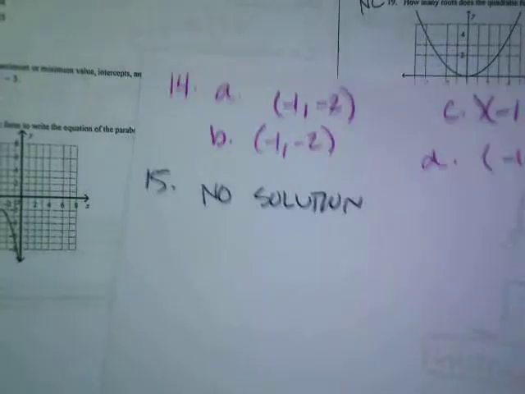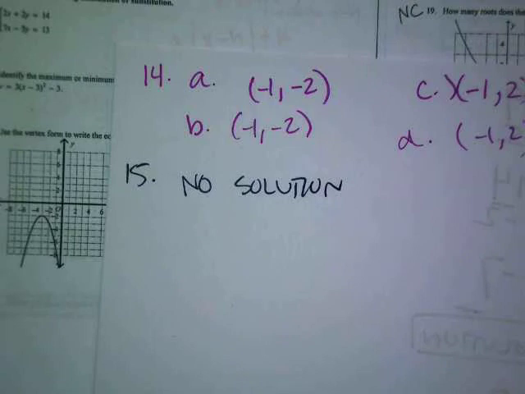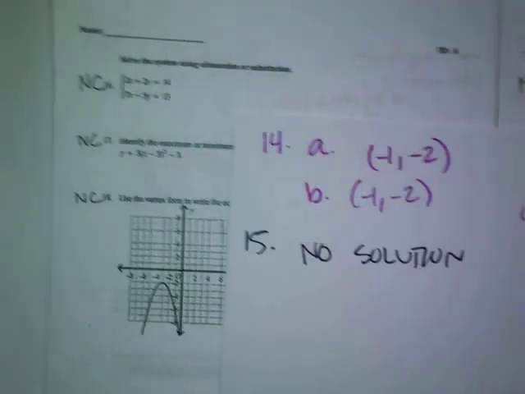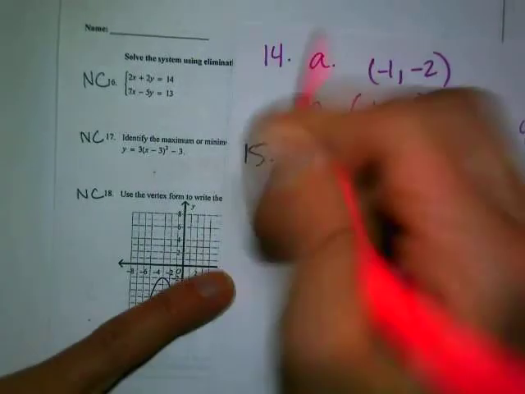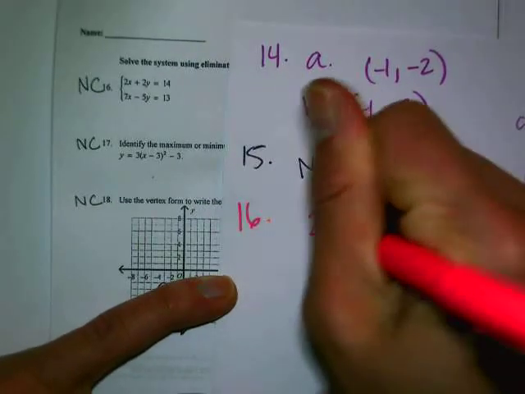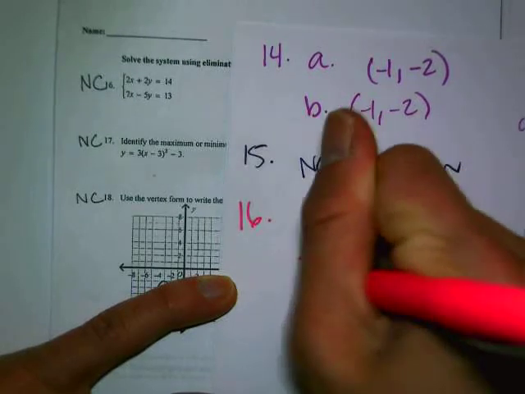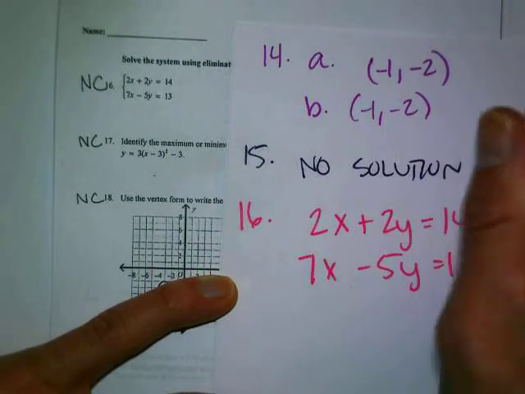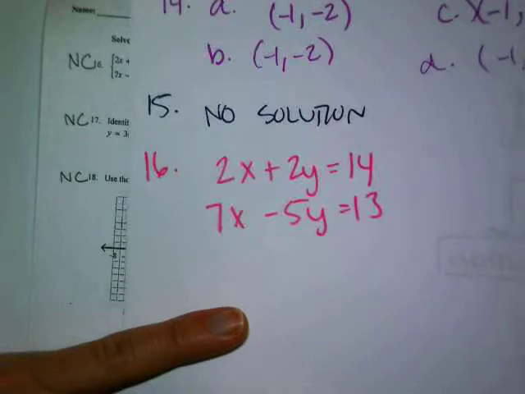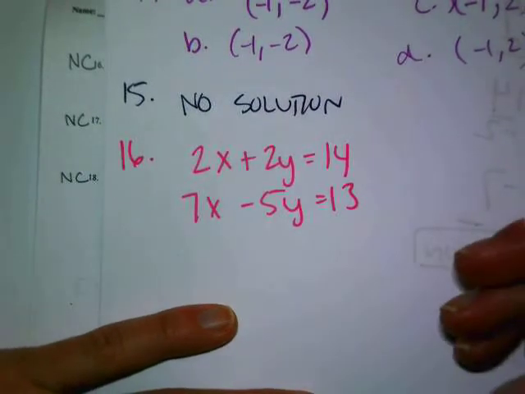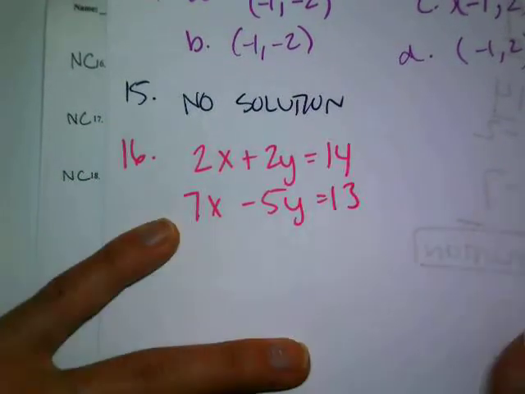16. 16 is a non-calculator question, so you have to be able to do elimination or substitution without a calculator. 2x plus 2y equals 14. 7x minus 5y equals 13. I need to eliminate one of my variables. I am going to eliminate the y's.